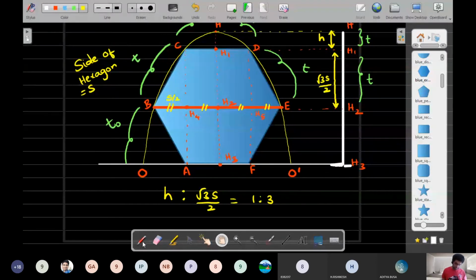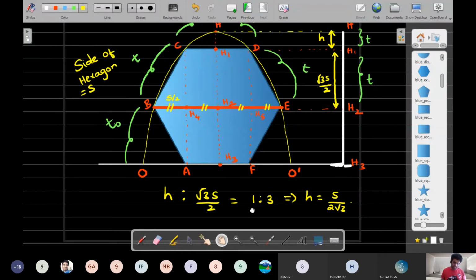Right? And which implies the value of h comes out to be s divided by 2 root 3. So you got this height. You got this height, right?